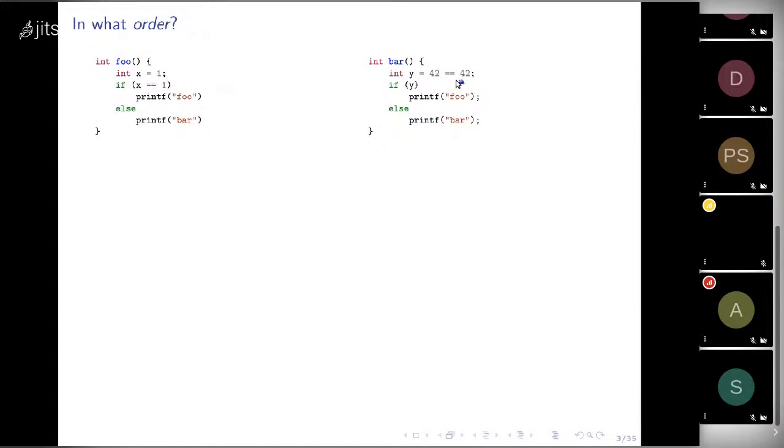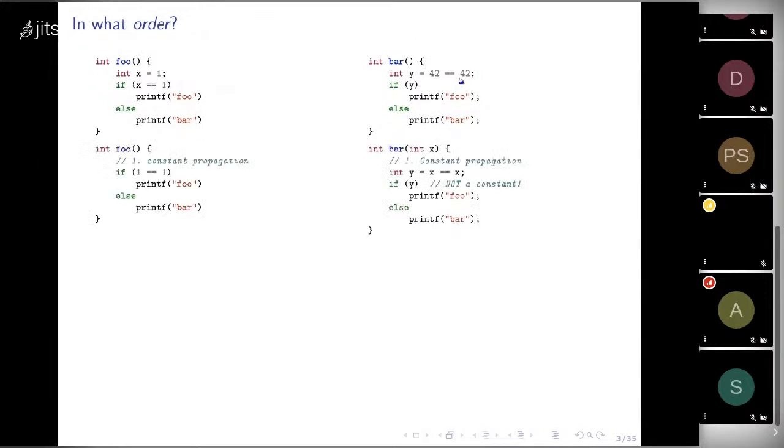Let's try to rerun the exact same order of optimizations we had before. First, let's try constant propagation. Here, because x was a constant, it gets propagated as a 1. So we get 1 equals 1. But on this side, because y is not a constant, it hasn't been simplified yet. So it's still an expression. We don't know that it's a constant. It doesn't get propagated, so nothing happens here.